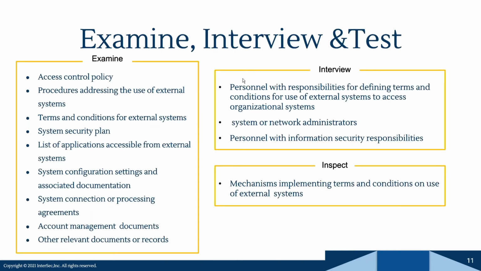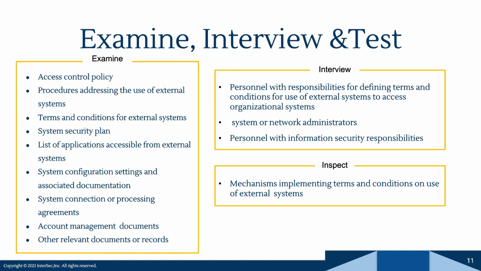For AC.1.003, for the examine, interview, and test process, there could be a variety of components and artifacts that a C3PAO may examine when going through this process. For the examine side of things, they could look at system connection or processing agreements. For the interview side, they could look at personnel with responsibilities for defining terms and conditions.